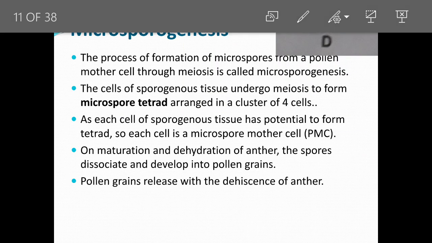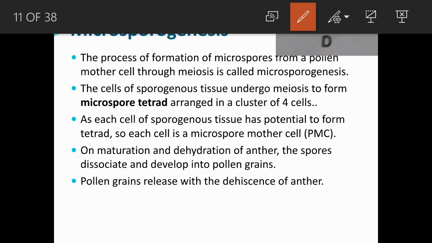So now we will study the process of microsporogenesis. The process of formation of microspores from the pollen mother cells or the sporogenous tissue through meiosis is known as microsporogenesis. The cells of the sporogenous tissue undergo meiosis.